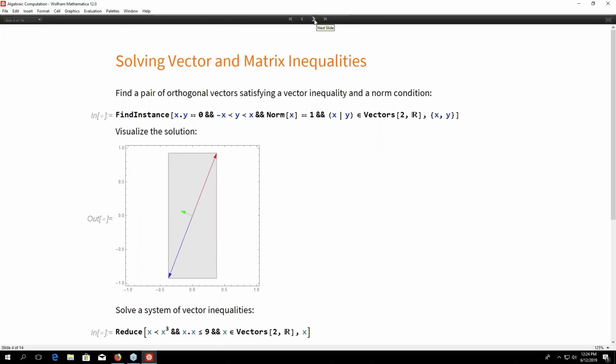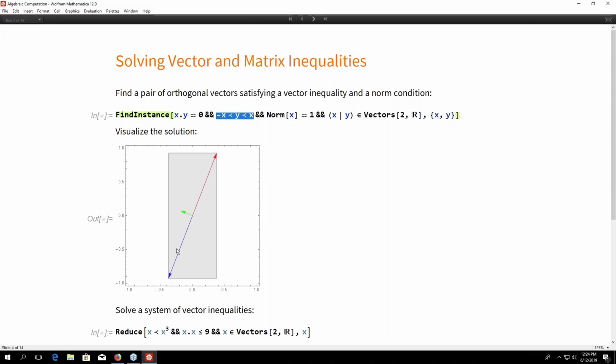Okay, here now another addition to equation inequality solving function is the ability to specify vector and matrix inequalities. So for instance, here's a problem specified in a vector language. We are looking for two orthogonal vectors such that component-wise vector y is between minus vector x and plus vector x.